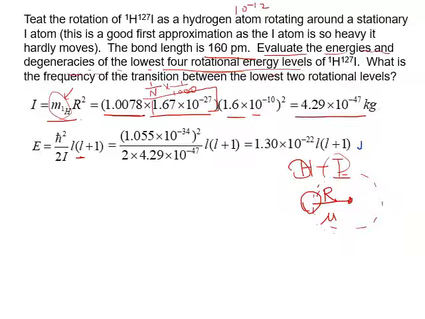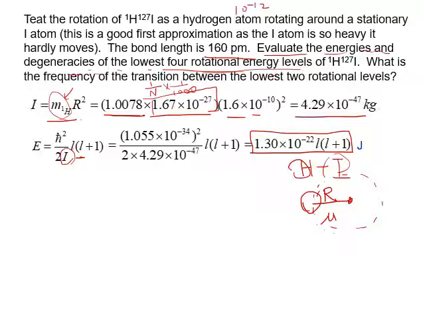So these are the allowed energies for a rigid rotor. The bond length doesn't change, and that gives you allowed energy levels. I just calculated the moment of inertia, so plug in, and we get this equation. So if we know L, we can calculate allowed energies.